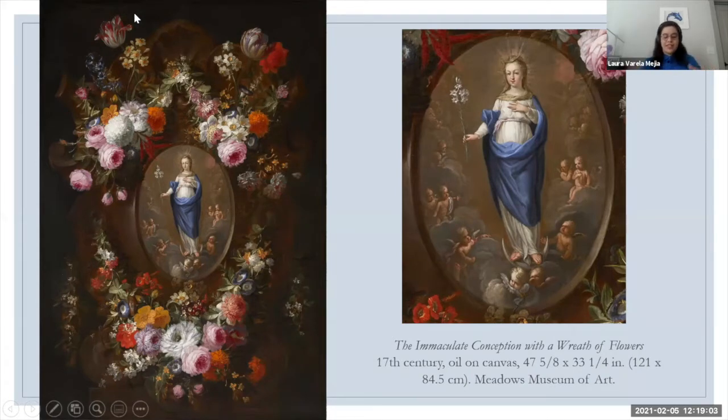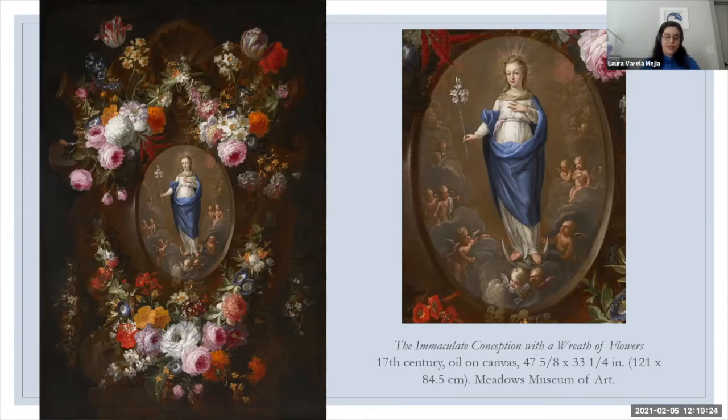Finally, at the very center and almost having this feeling of radiating outwards, we have this depiction of Mary standing in a group of clouds and being admired by this celestial audience of cherubs, or these teeny tiny angels, that are looking directly at her.